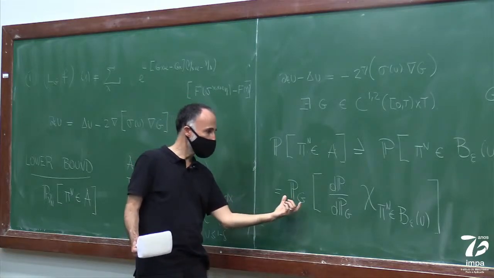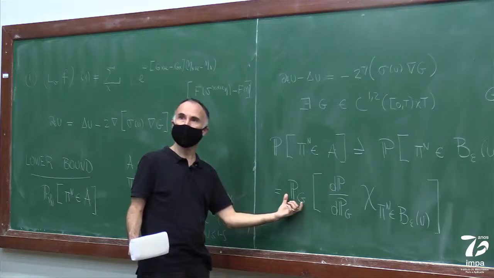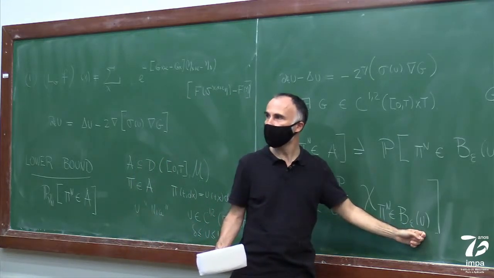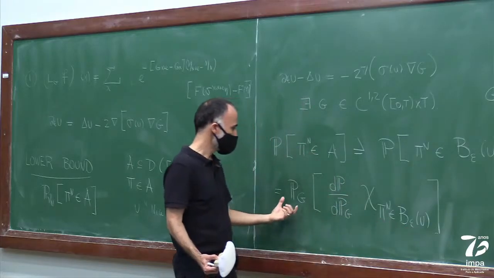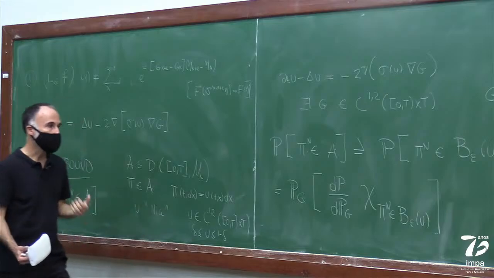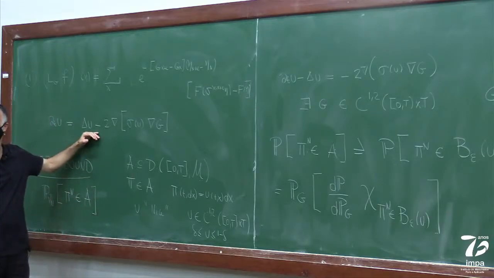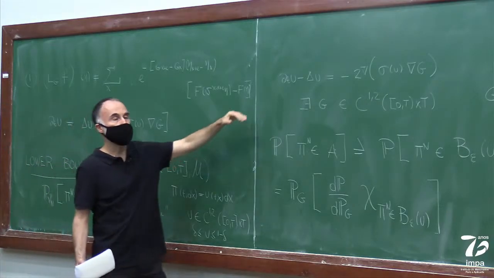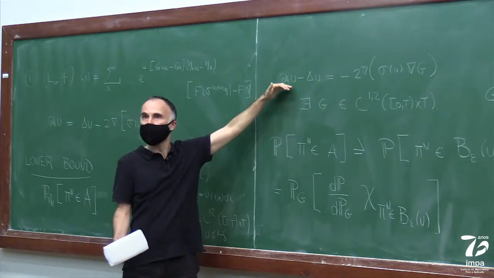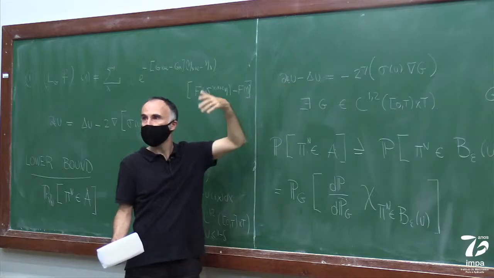So I changed my measure in order to have a new measure which makes u a typical trajectory. Because now, under this measure, the empirical measure is converging to the unique solution of this equation, but u is exactly the unique solution of this equation. Because u is a solution, and if this equation has a unique solution, u is the unique solution.